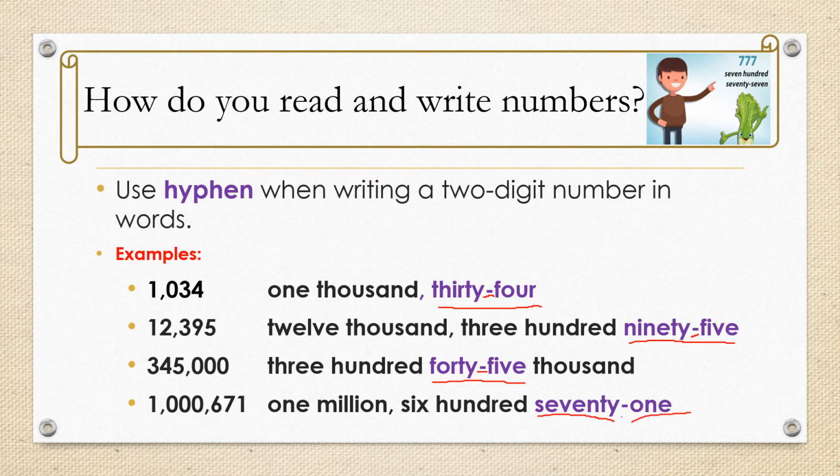So hindi pwedeng you write it na walang hyphen. Better kung may hyphen. So pag two-digit, you use hyphen. If you separate the two periods, you use comma. Yan, yung comma. Okay, proceed.